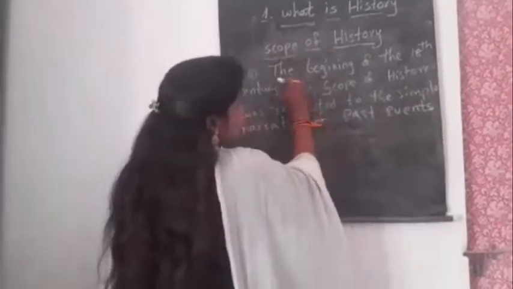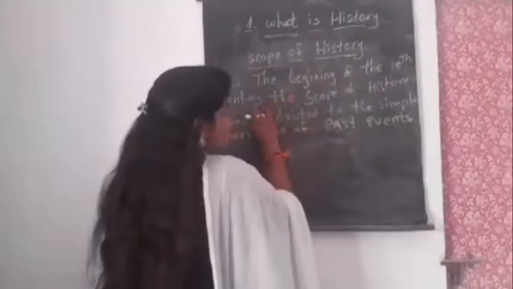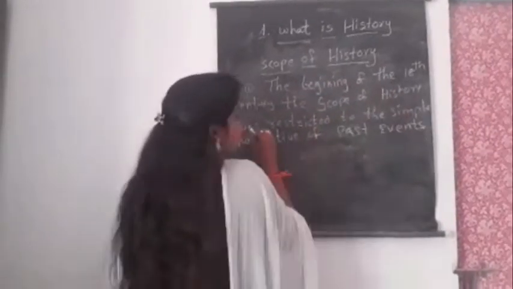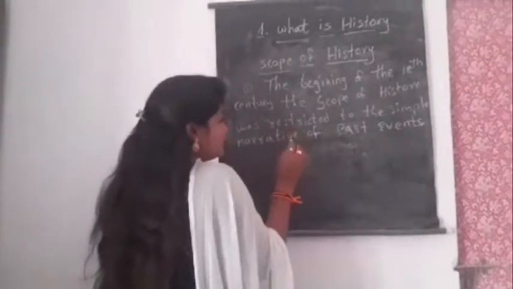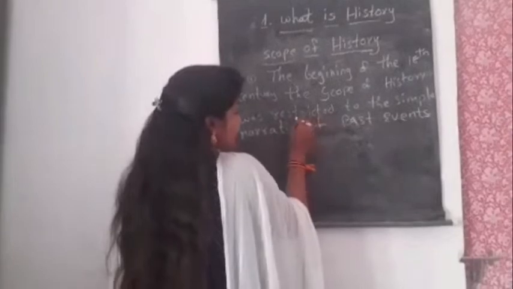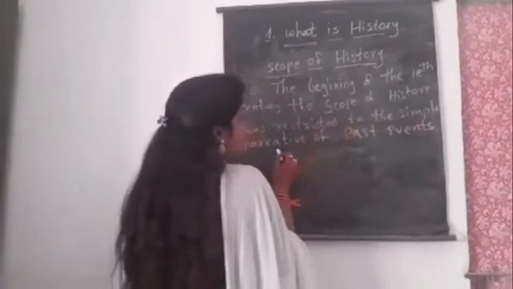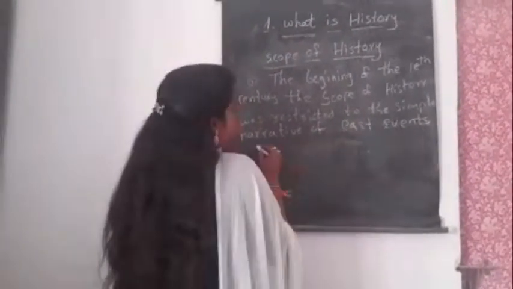What is the first point? The beginning of the 18th century, the scope of history was restricted, restricted to the simple narrative of past events.